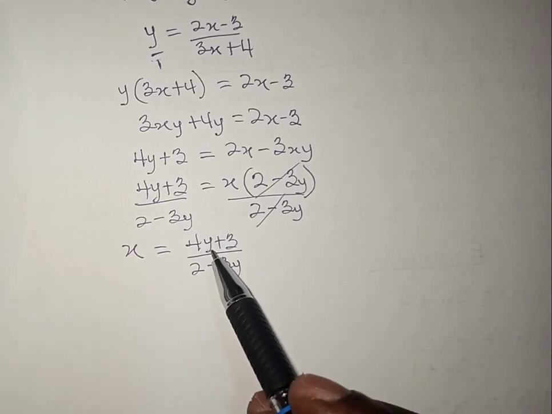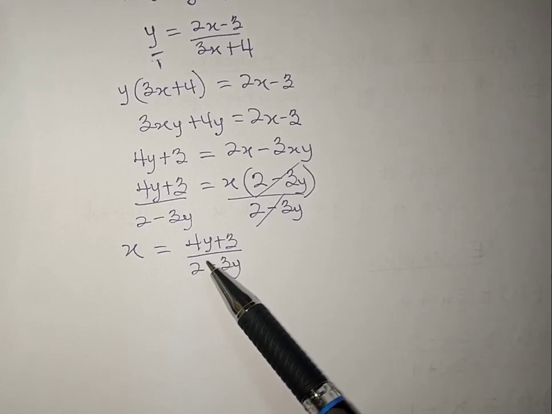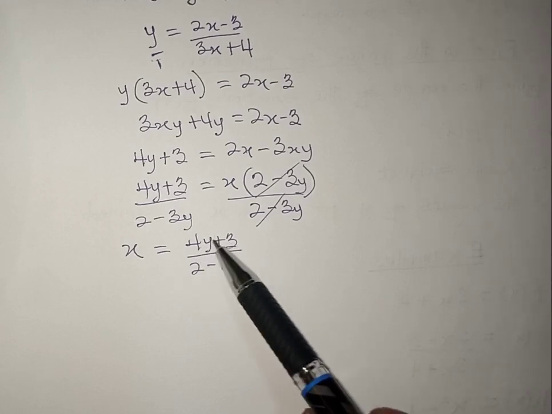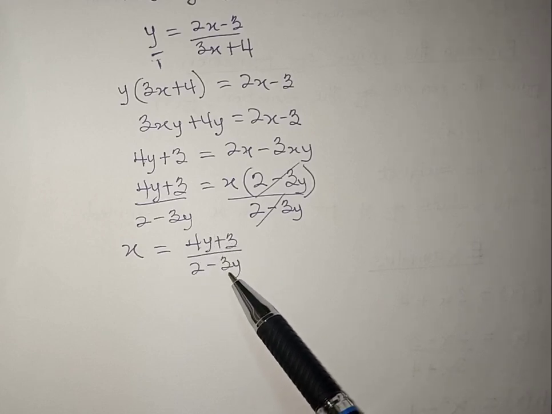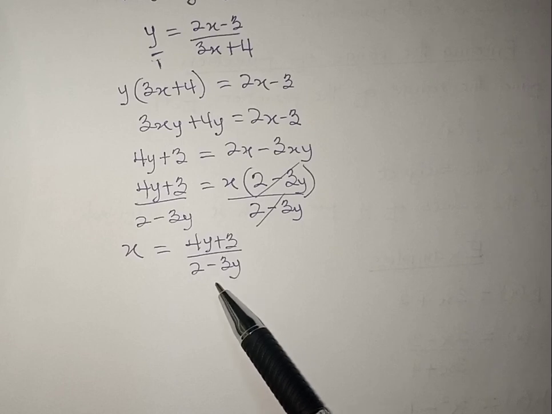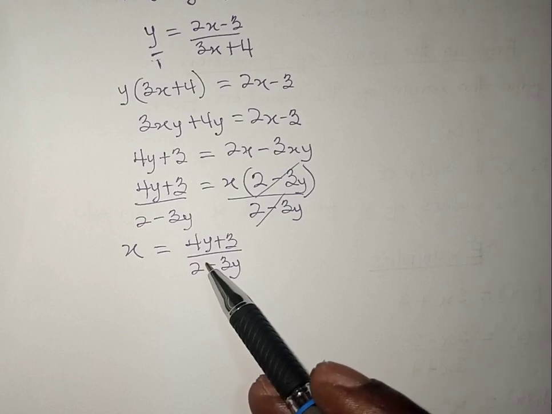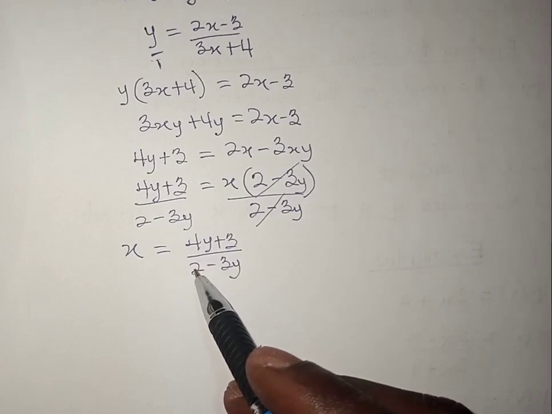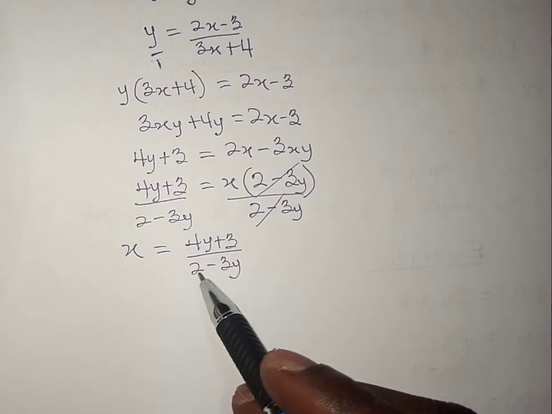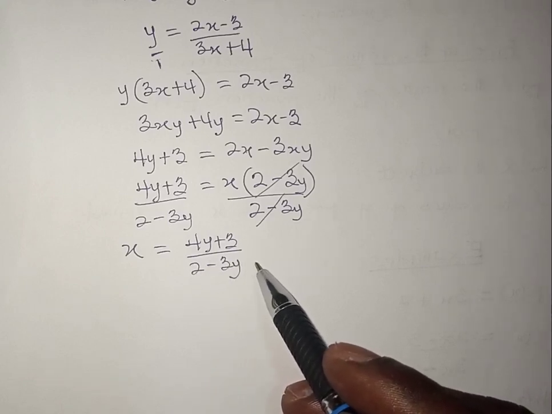So looking at this one too, let's send our mind back to what we did in the domain. Remember when we're doing rational functions, when you have such an example to find the values of x for which the function is defined, realize that the function can be defined for every value except where the denominator is 0.